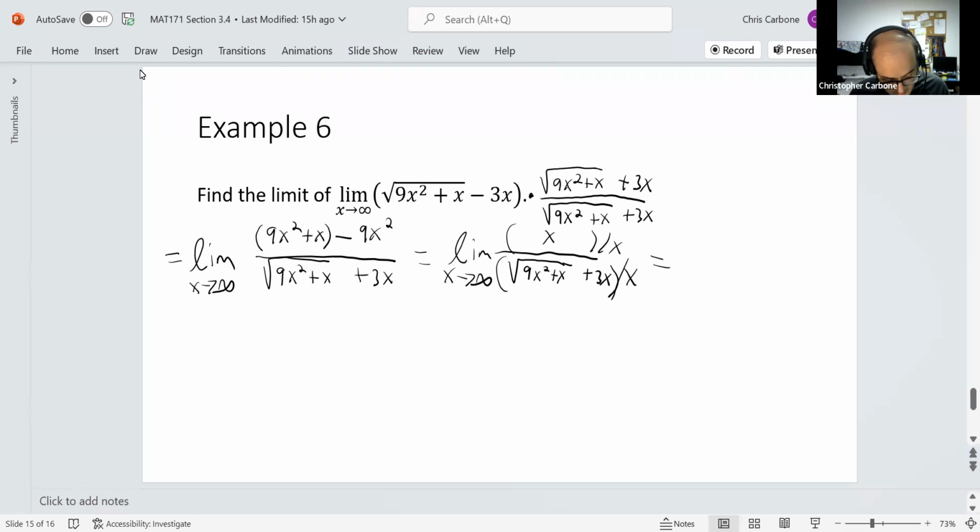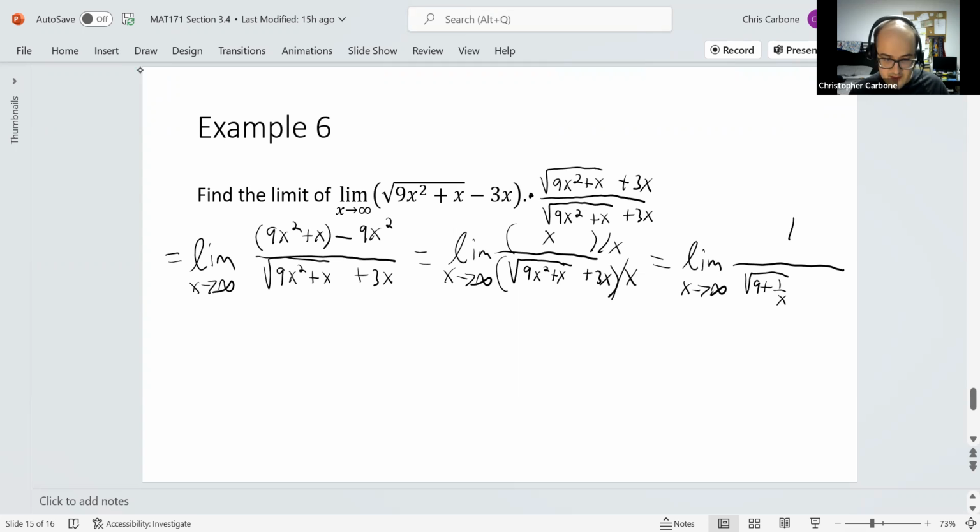The reason why this is x is because of this square root in here. So these are no longer the values that they have inside of there due to that denominator, number one. And then number two, because underneath that square root, the highest power of x in that denominator is x. So we can do this as the limit as x approaches infinity of, this would then be 1, divided by the square root of 9 plus 1 over x.